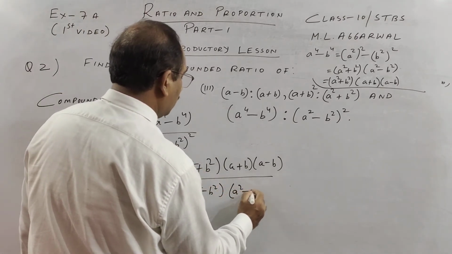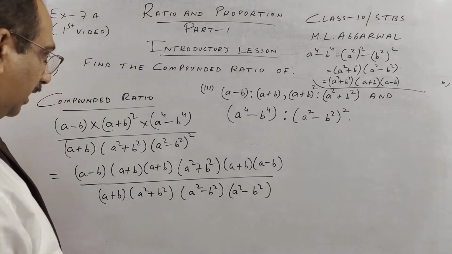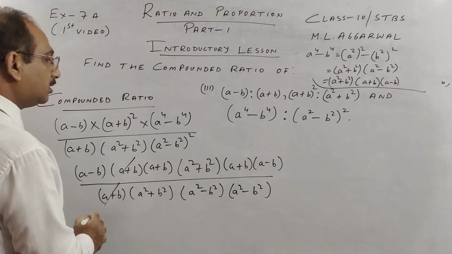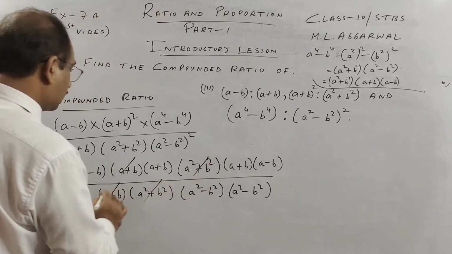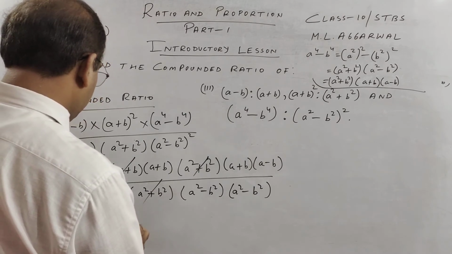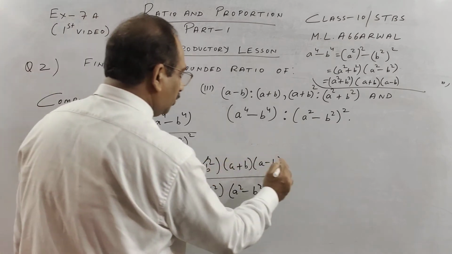Yes. Now see, what can be cancelled? We will cancel. But if you see this, let us cancel and see. This cancels. This cancels. A square minus B square. Now see here, children. Next step I will not do, just I will show you.